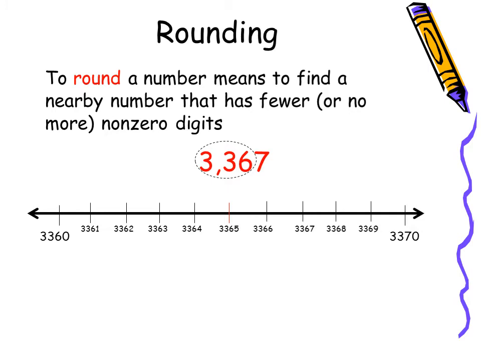So that would be 3,361, 62, 63, 64, 65, 66, and so forth. Now our number is 3,367. So that actually lands at a point on the number line. So in trying to determine whether this number rounds to 3,360 or 3,370, the idea is to look to see which number it is nearest. Well, it's 3 from 3,370 and it's 7 from 3,360, which means that it's closer to 3,370.